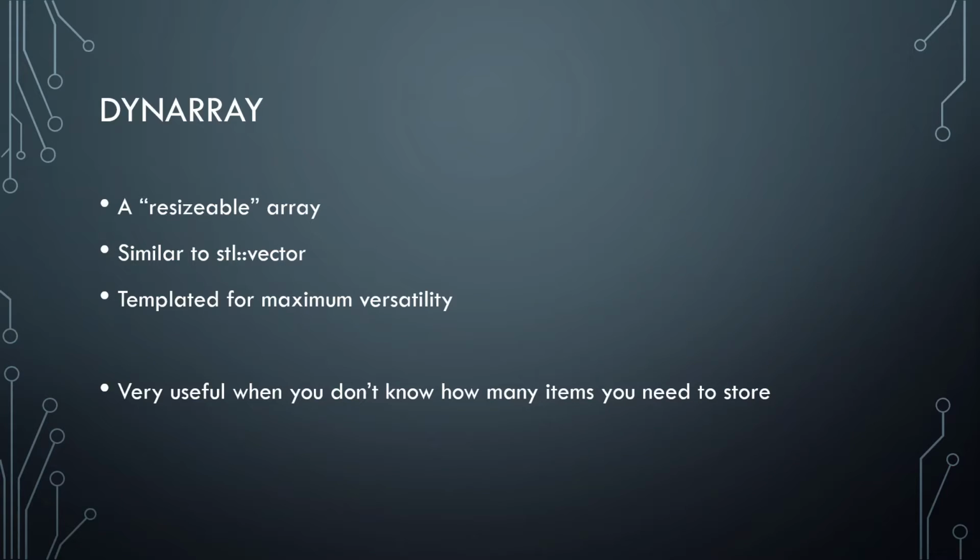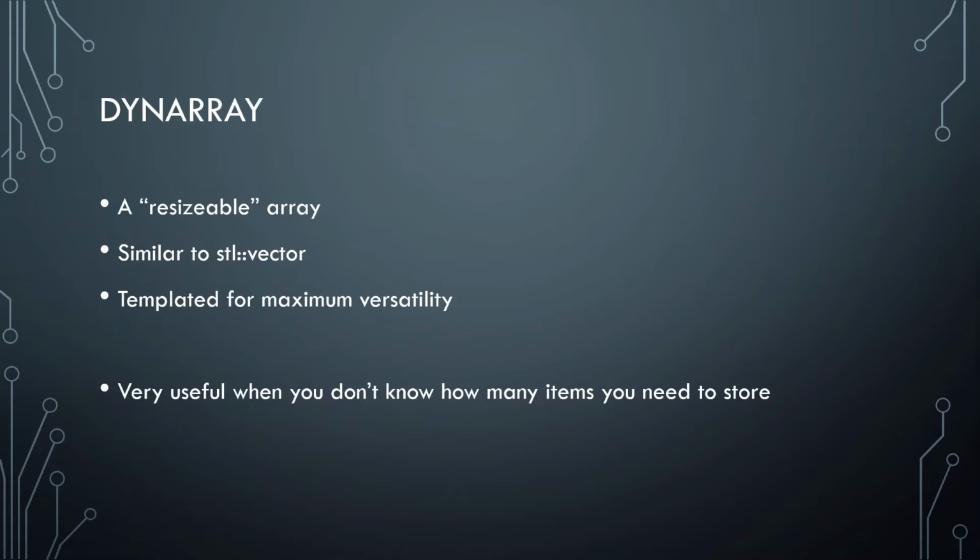So for the rest of this lecture, we're going to look at the DynArray and look at the different functions that we're going to implement. This is going to give us similar behavior to the STL vector that we've already worked with, but it's going to be a somewhat simplified version of that.